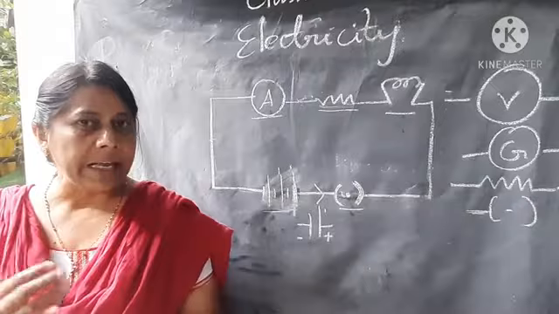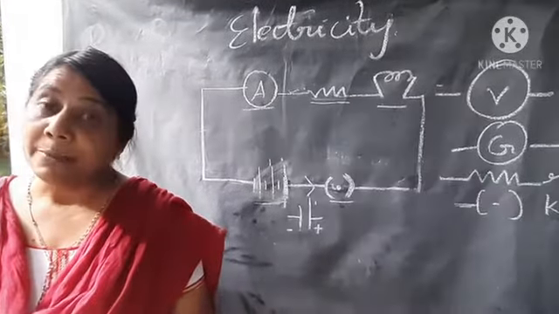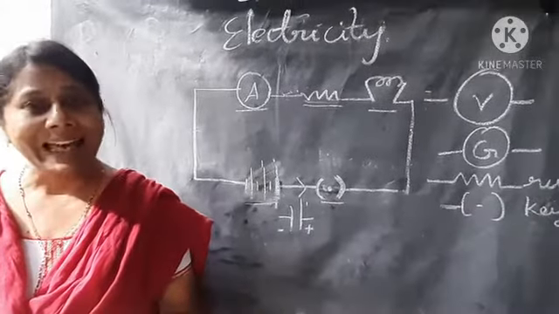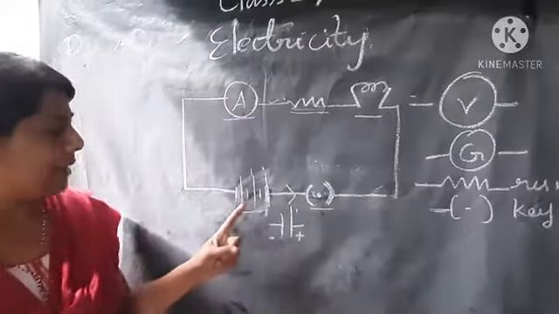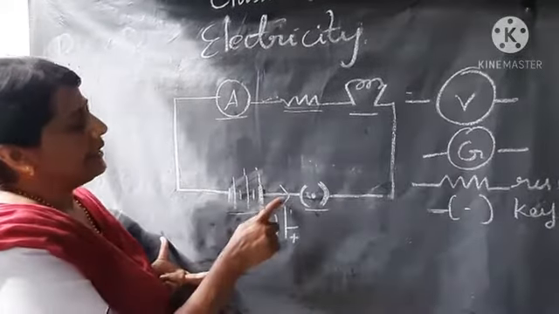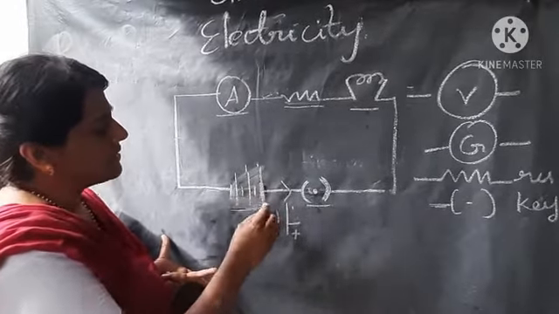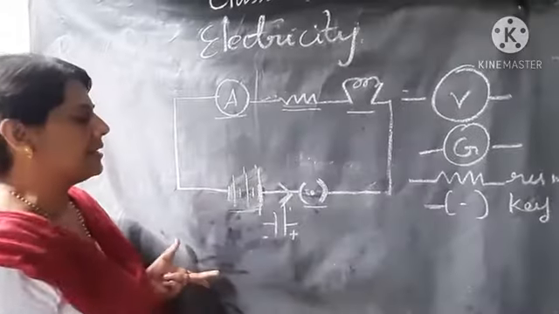See, along the direction of positive charges, current flows. That means current flows opposite to the direction of the electrons. That's why always while directing the current, it will always move from positive terminal. This is the direction of the electric current.